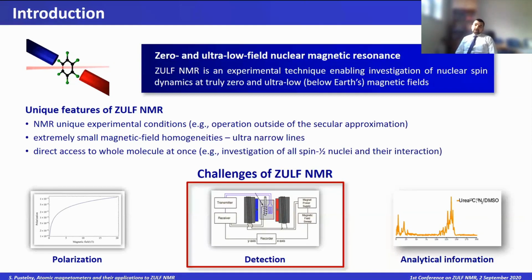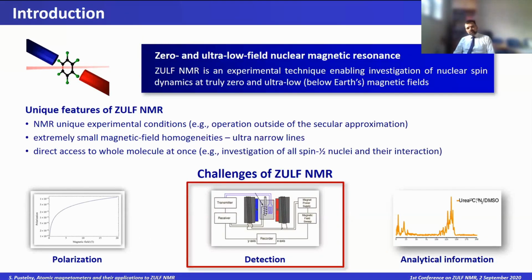opportunities. In particular, the magnetic field is close to zero or truly zero, which means that absolute inhomogeneity of the magnetic field is extremely low, so the lines are extremely narrow. In many situations our lines are as narrow as tens of millihertz, measured in a single shot. Another possibility is that we can investigate the whole molecule at once.